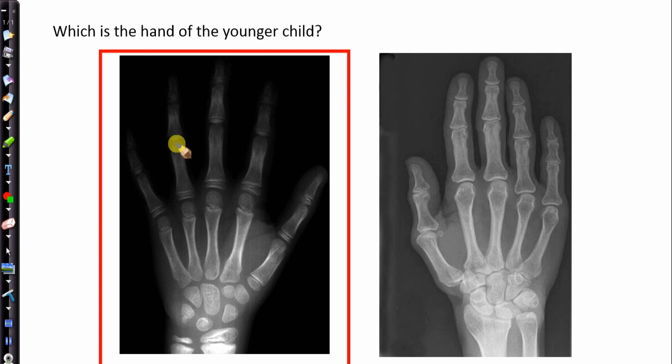This is where you have cartilage, and in an x-ray that's not going to show up as obviously bone tissue. So we see at the ends of these long bones these growth plates indicating this is the child's hand. This one is probably clearly an adult because we see no growth plates in these long bones at all. We see the joints between the bones, but we don't see the spaces in the bones indicating there are growth plates present.